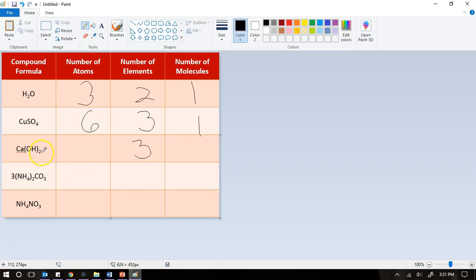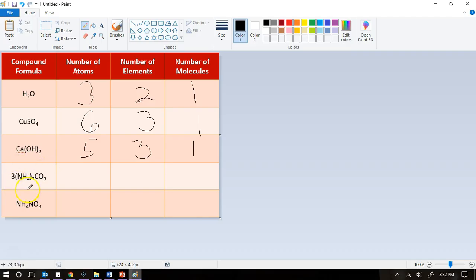Number of atoms, well, I've only got 1 for Ca, but this is like math class, so I've got to distribute that 2 inside those parentheses, so that means I've got 2 oxygens and 2 hydrogens, so total of 4 atoms here, plus that 1, gets me to 5. And only a single molecule going on here.